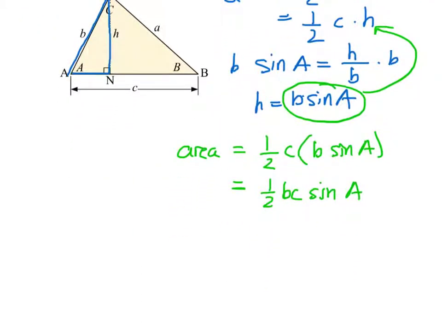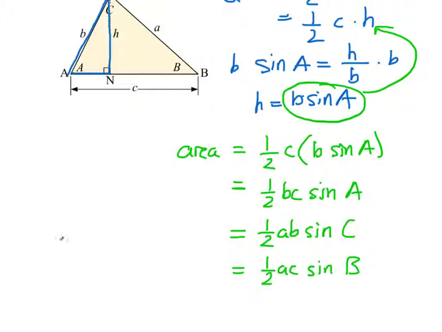It follows that I can write equations for the area using the other sides and the other angles. I could also write the area as 1/2 ab sine C, or 1/2 ac sine B. And these will all get me the same area.